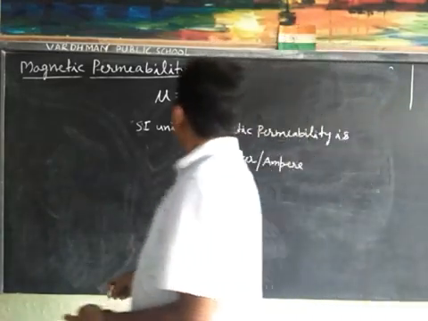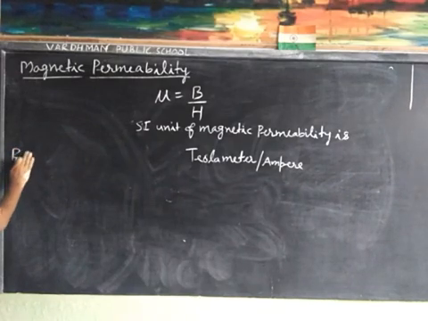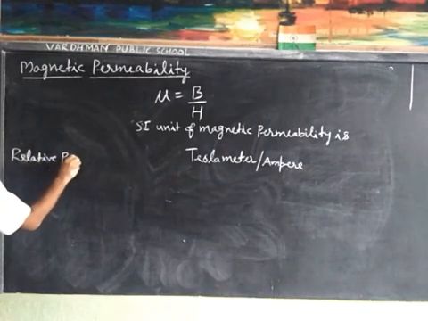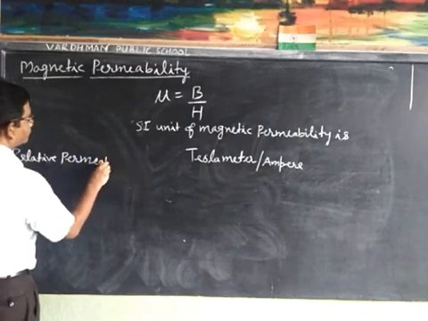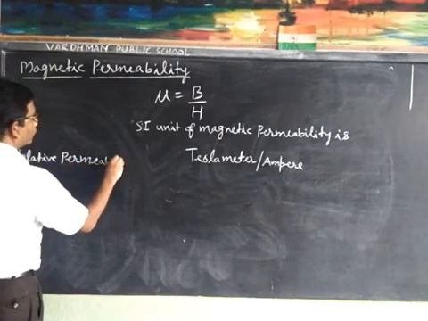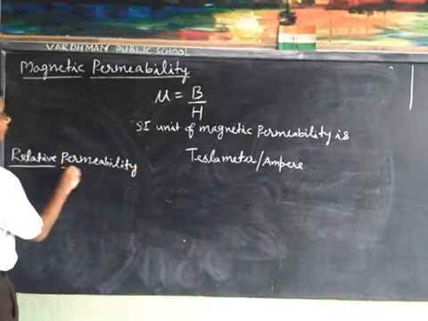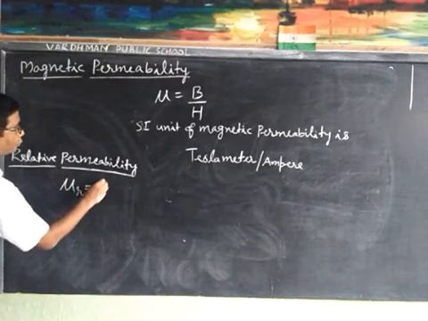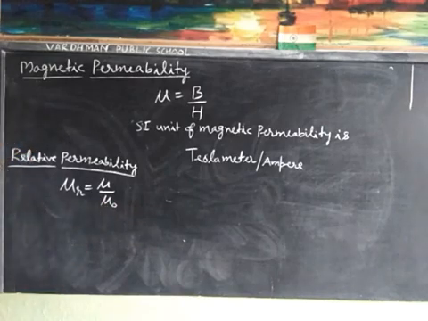What is relative permeability? Relative permeability, that is mu r equal to mu upon mu 0.